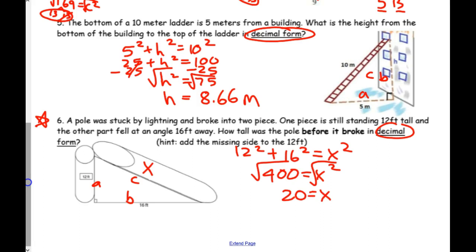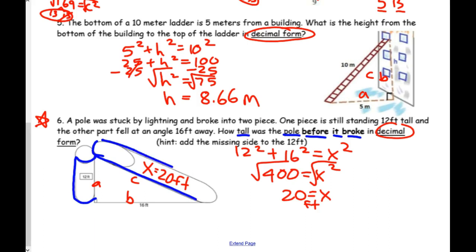20 what? Feet. But 20 feet is not the answer. Can I please get you to see this? How tall was the pole before it broke? Remember, the pole is this plus this. This was the whole pole. You have to add them together.